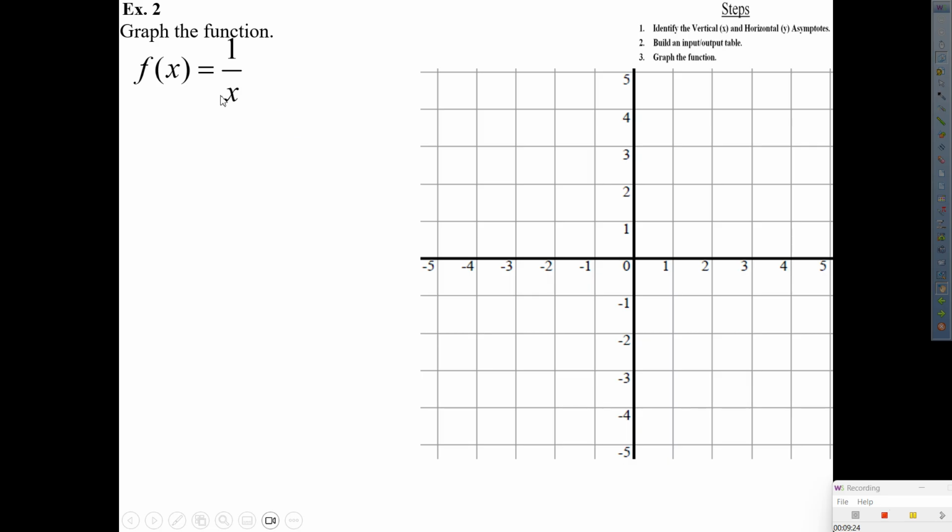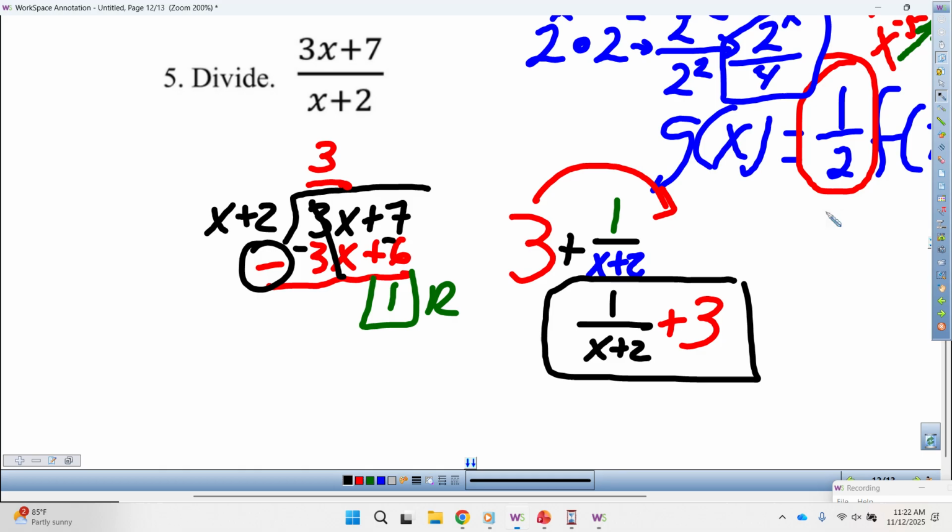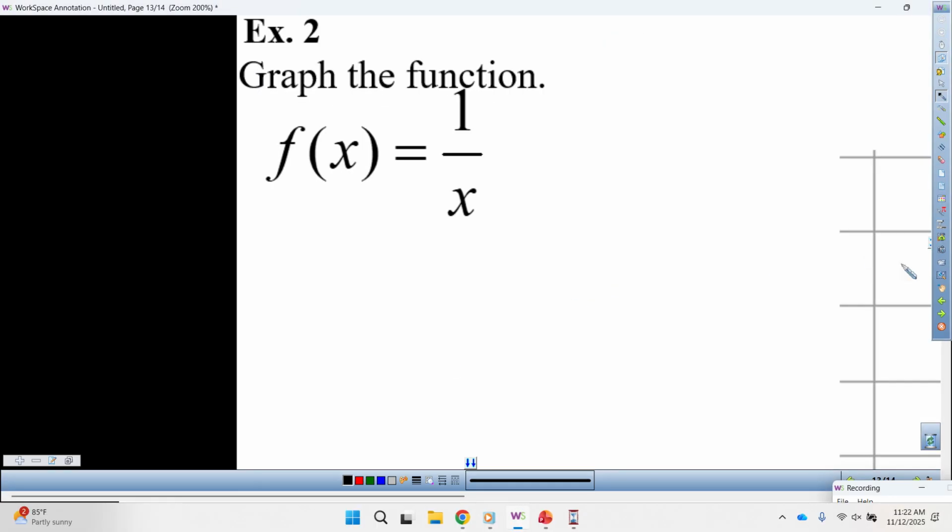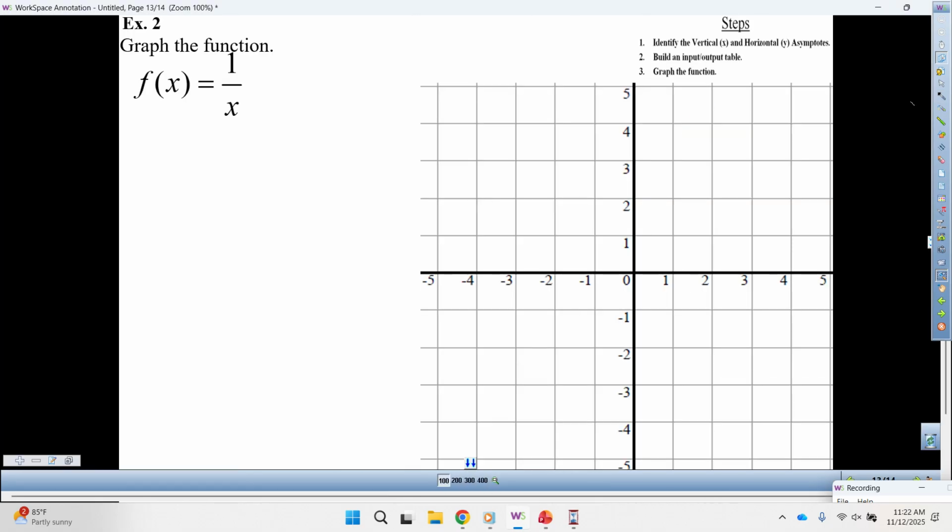So, with that said, on your graph paper, at the top left, write this down again. Graph the function f of x equals 1 over x. From this point forward, we're going to be on the graph paper. Here we go. Let's practice. First things first. Let's find our HA, or horizontal asymptote.